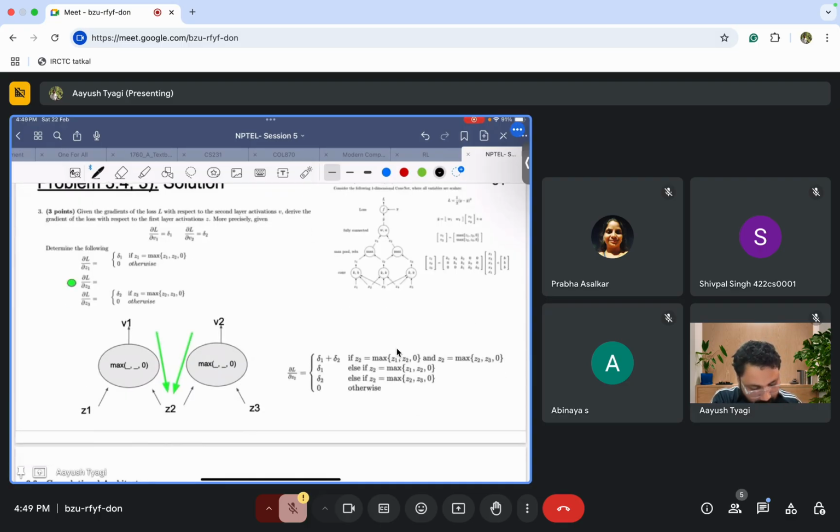For Z2, Z2 has been fed to V1 and V2, so both V1 and V2 are dependent on Z2. Whenever there is a merger, the gradient will accumulate from both V1 and V2. You have delta 1 coming from V1, delta 2 coming from V2, and you have an addition of that, in the case where Z2 is greater than Z1 and Z2 is greater than Z3.